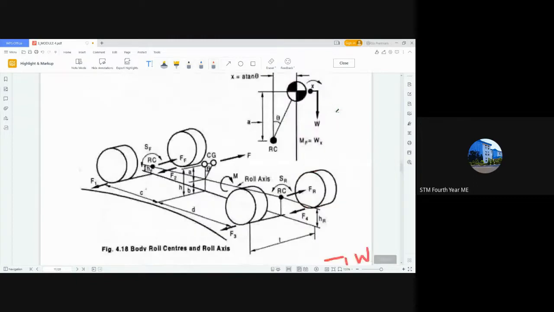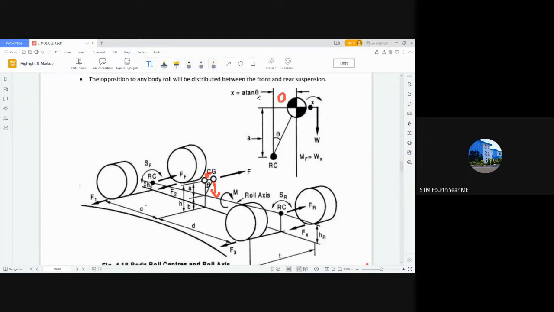So the weight acts at the center of gravity, which is shifted here, and its perpendicular distance with the roll center axis. The roll center axis is here, and its distance, that is this distance, is x, and x is equal to a tan theta.